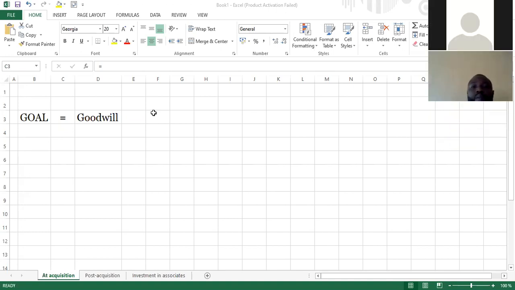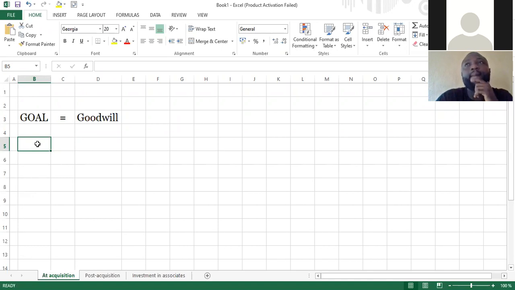Okay, calculation of goodwill, is it under the statement of financial position? To my own understanding, for the calculation of goodwill, you check for the investment of the parent in the subsidiary. Then you add up NCI's portion of the investment.